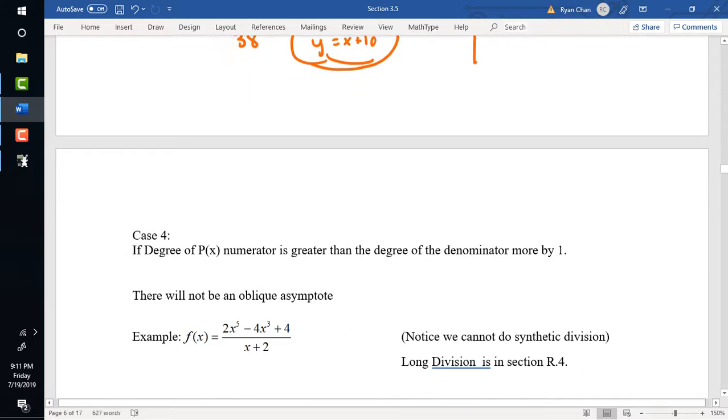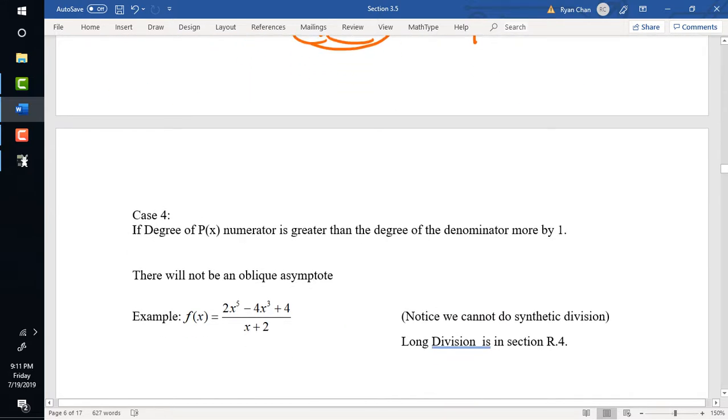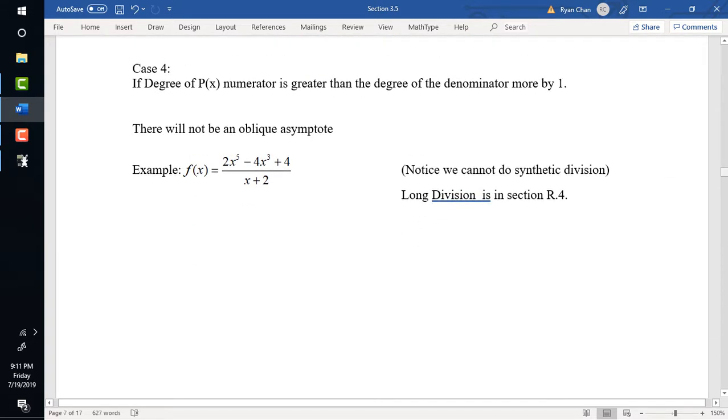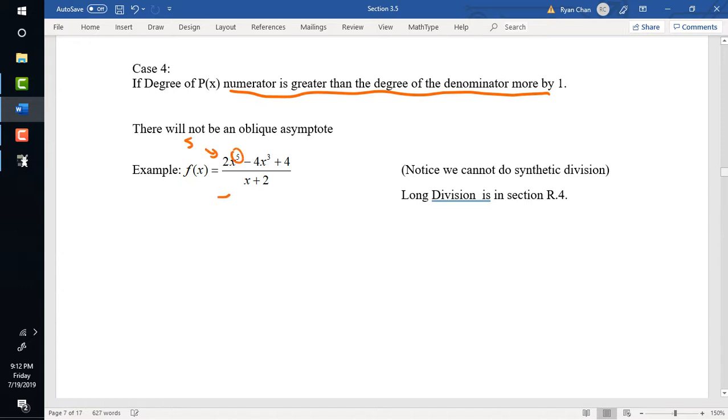Now let's talk about the very last case. Okay. If the degree of your numerator is greater than the degree of the denominator by more than 1, okay? So, for example, this one here, right? I have degree of 5 and I have degree of 1, right? So you can see 5 minus 1 is 4, so it's greater by 4, right? Which is more than 1. Okay, so let me backtrack.